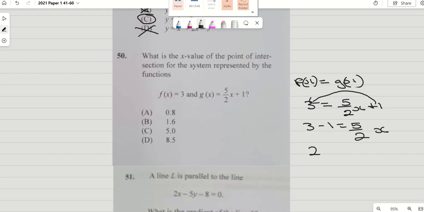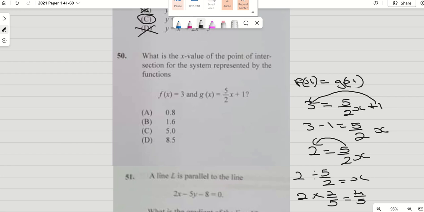Right, so that's 2 is equal to 5 over 2x. You want x by itself, so you're going to carry across, multiply by 5 over 2, so you get 2 divided by 5 over 2 is equal to x. So that's 2 multiplied by 2 over 5, that's 4 over 5. Now, 4 over 5 is also known as 0.8. Right, so that is your answer.